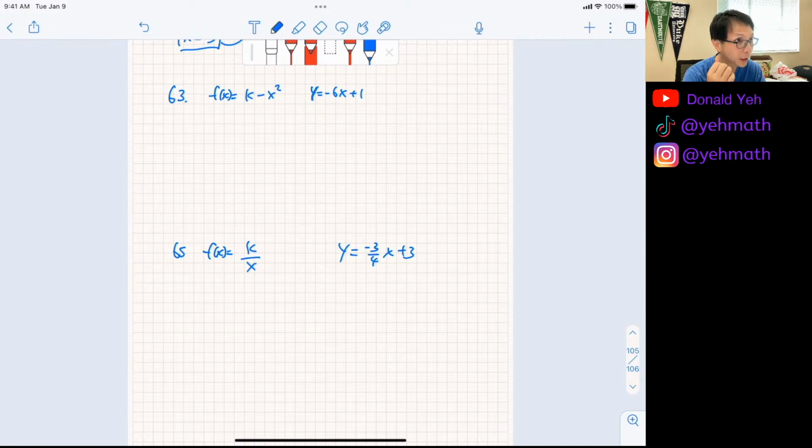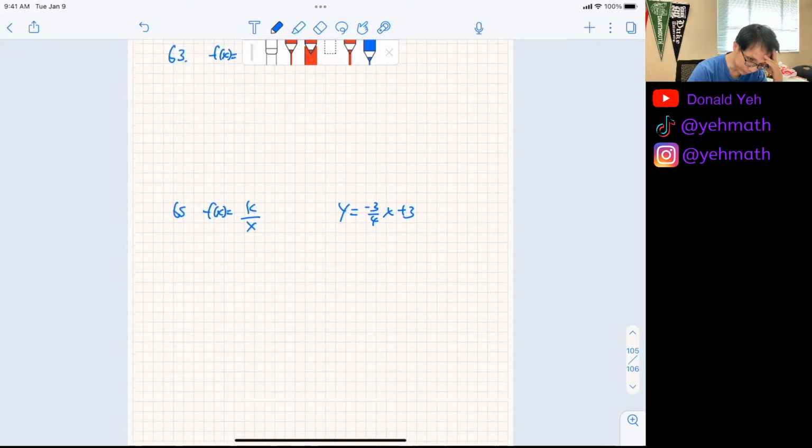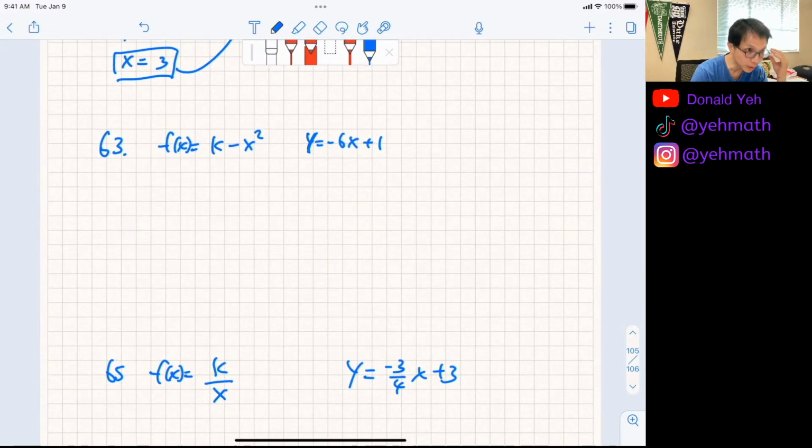I think the first one, k is equal to 8. Should I show you how to do it? Okay, what is f prime of x? Just negative 2x.